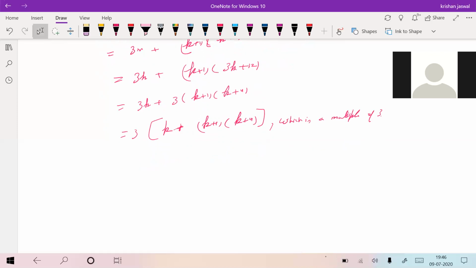Therefore, the result is true for n is equal to k plus 1. Also the result is true for n is equal to k.